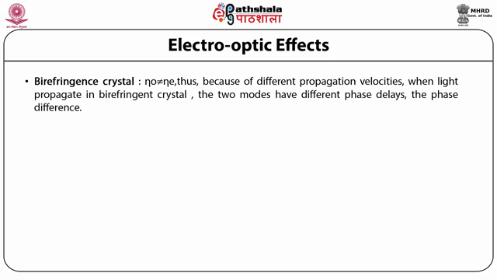Thus, because of different propagation velocities, when light propagates in a birefringent crystal, the two modes have different phase delays, and the phase difference is given by phi OE equal to 2 pi by lambda d multiplied by eta O minus eta E, where d is the crystal length.